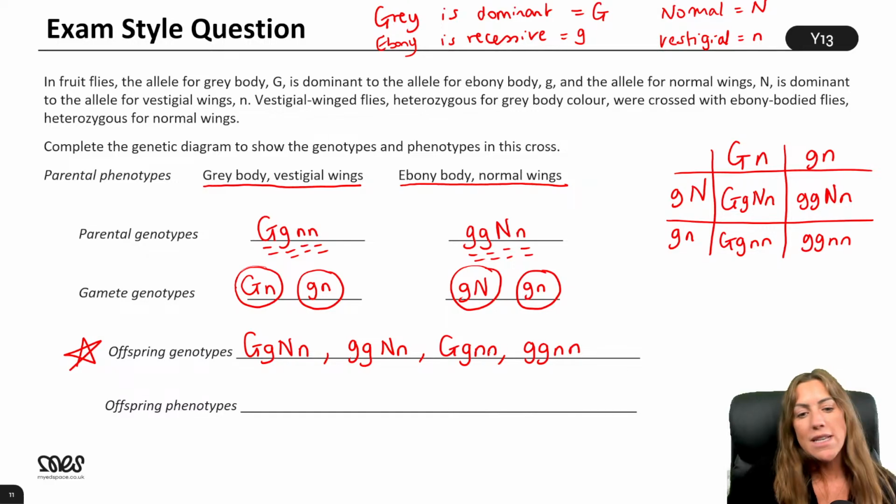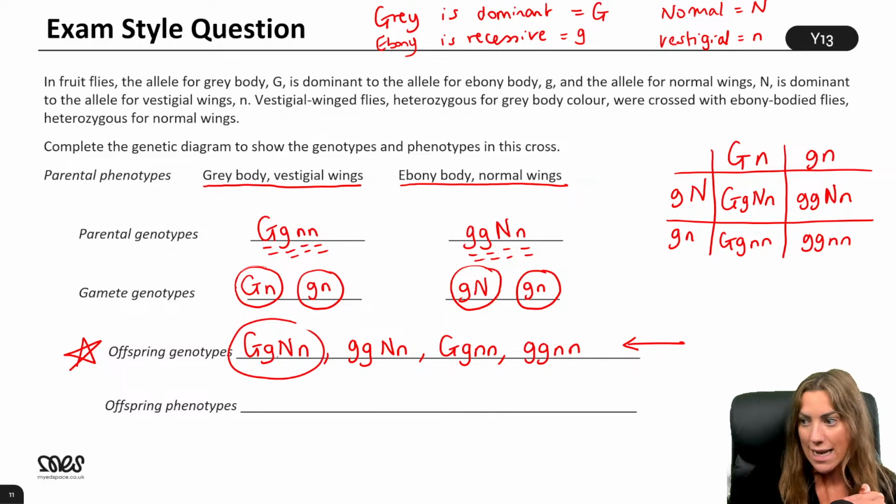And then the reason they put it on a line like that is so that when you write the phenotypes, they can check that you are matching the phenotype correctly to the correct genotype. So whatever order you write the genotypes in on this line, make sure you put the right phenotype in the same order underneath. So they're going to check that this genotype matches to the first phenotype that you write, and this genotype matches to the second.